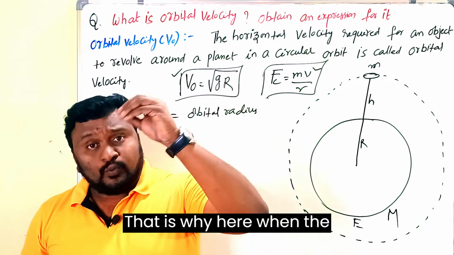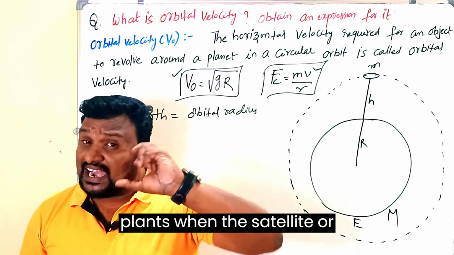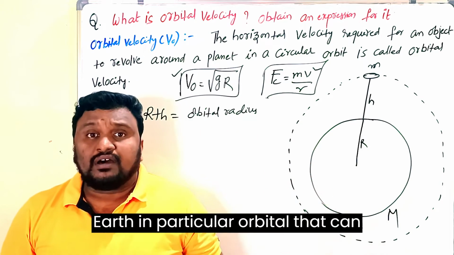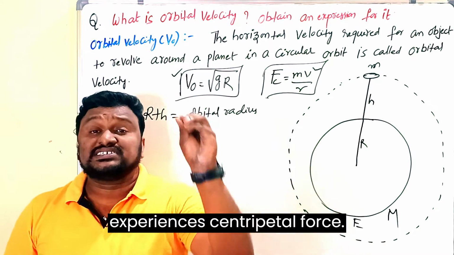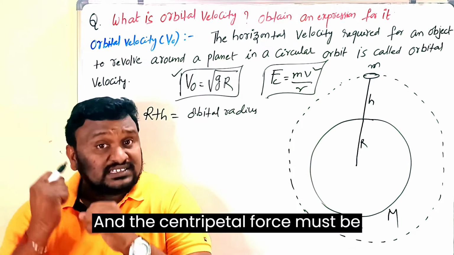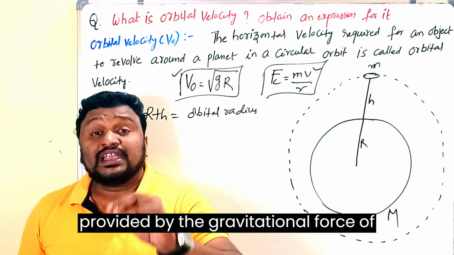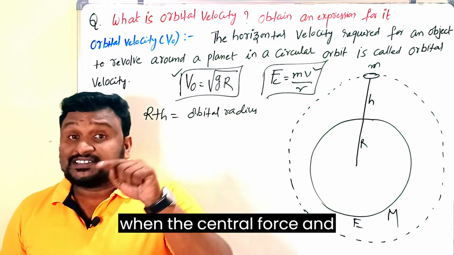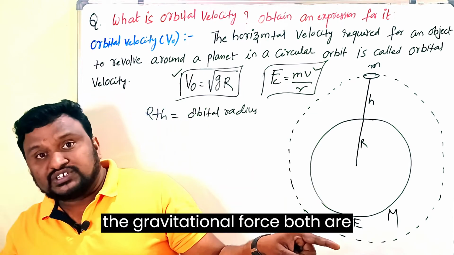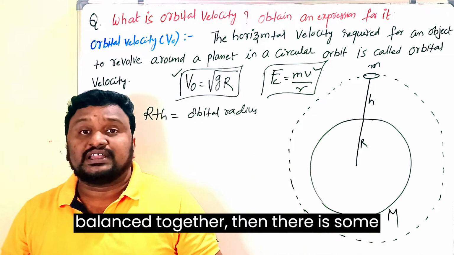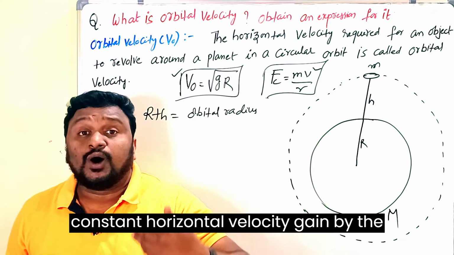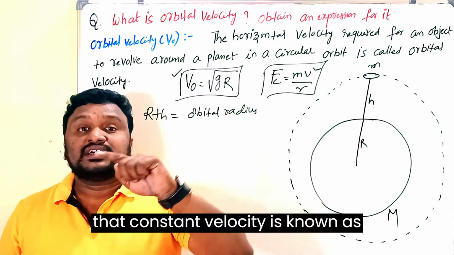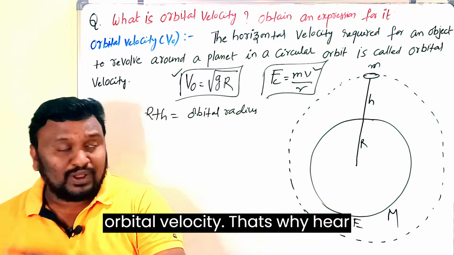When a satellite or any body revolves around the earth in a particular orbit, it experiences centripetal force, and this must be provided by the gravitational force of the earth. When the centripetal force and the gravitational force are balanced, the body gains a constant horizontal velocity. That constant velocity is known as orbital velocity.